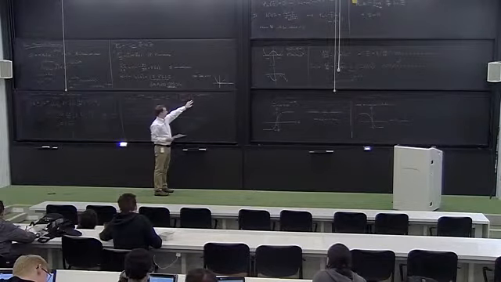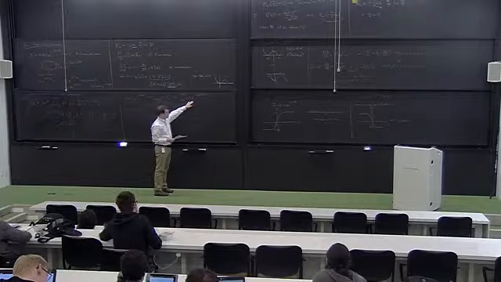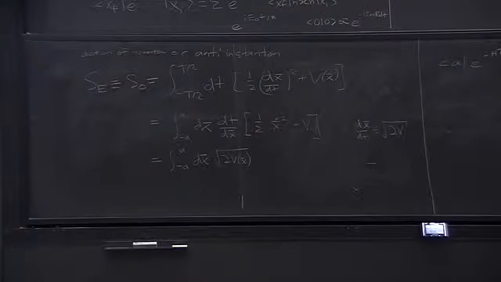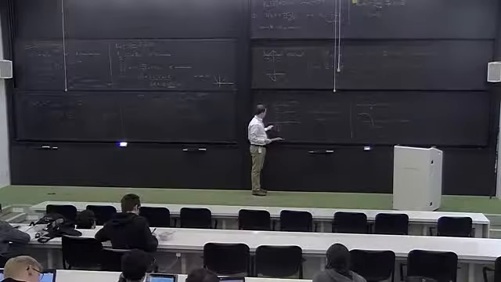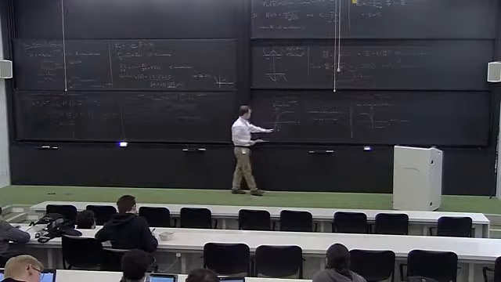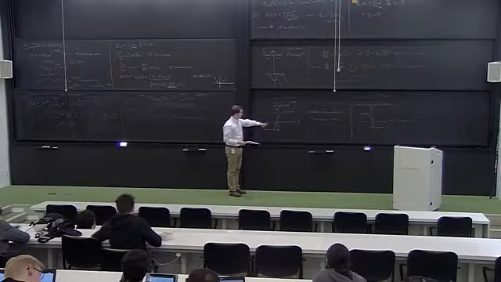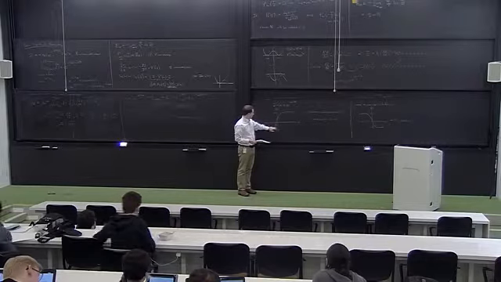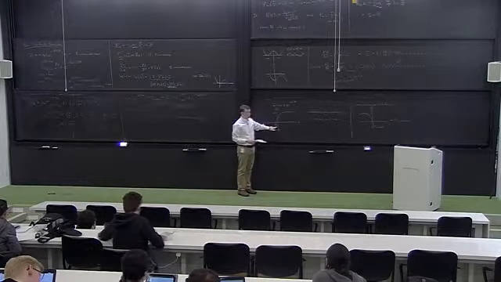We computed the Euclidean action of one instanton solution. But we actually have infinitely many one instanton solutions, because the action doesn't change if we change the center of the instanton.